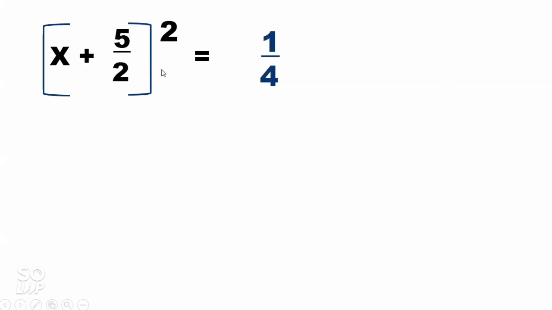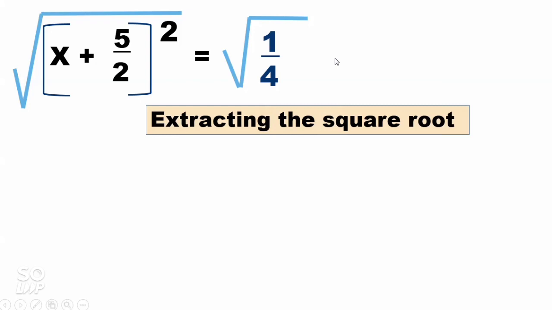Next, square of x plus 5 over 2 equals 1 over 4. Ang gagawin natin, extract natin yung roots ng left and right side ng equation. Again, that is what we call extracting the square root, so makakancel na yung square doon. So, we have now x plus 5 over 2 equals the square root of 1 over 4.